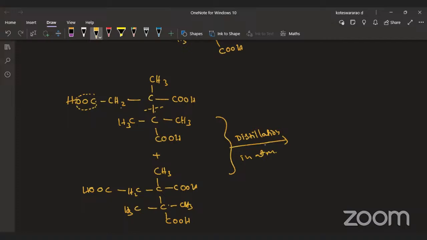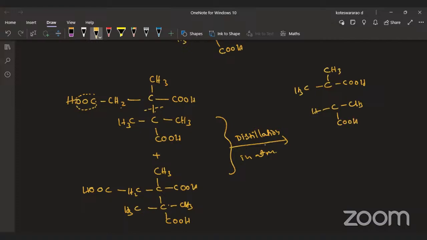Therefore, two fragments are generated. What are the two fragments? CH3 plus CH3, CH3, COH.